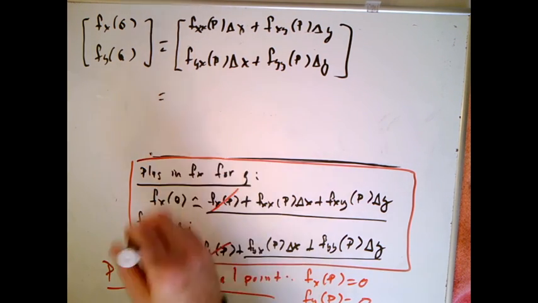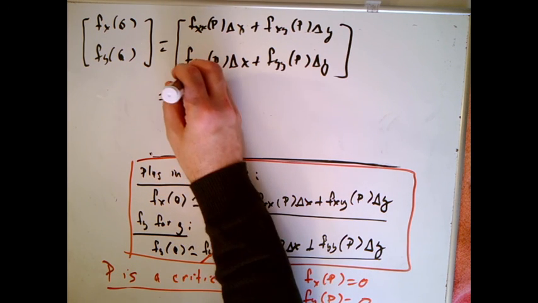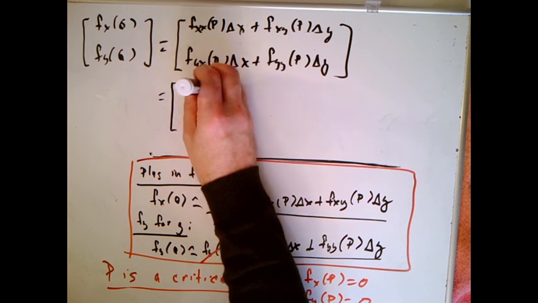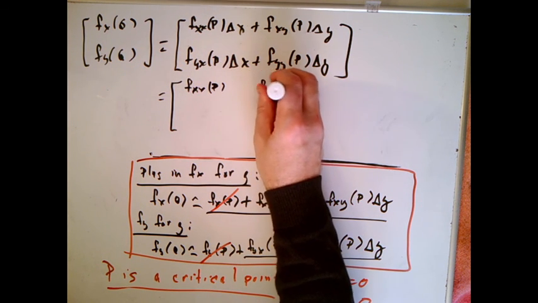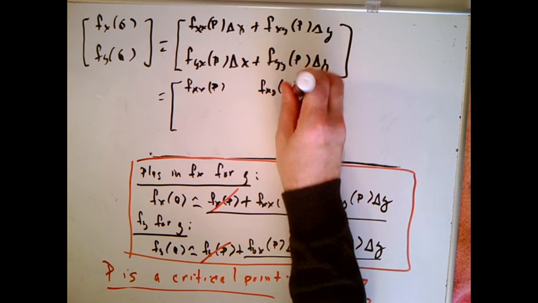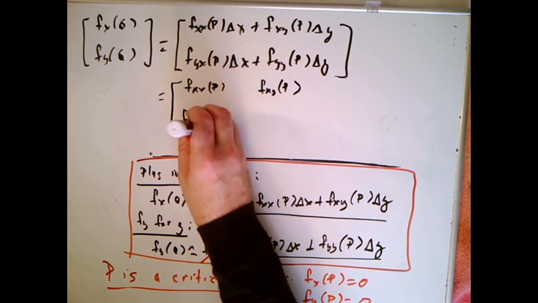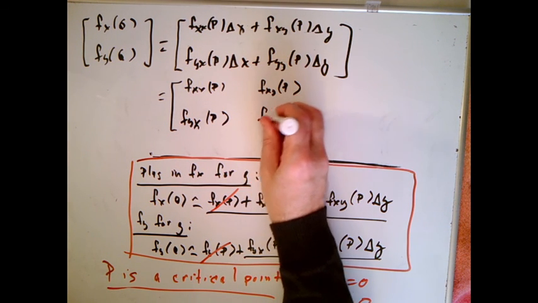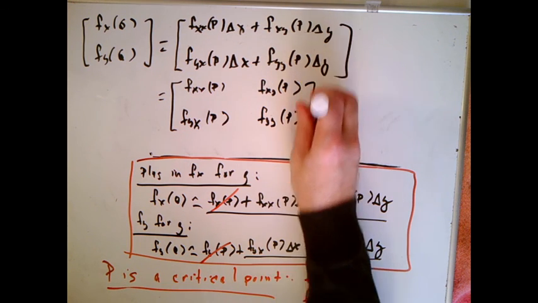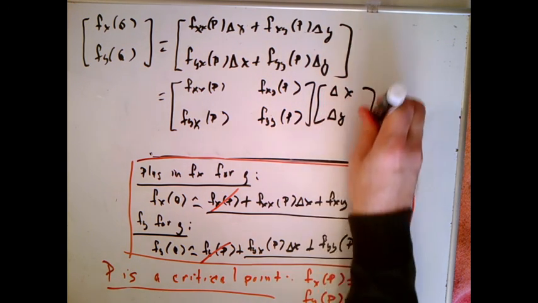In fact, if I pull out the variables, which is just delta x, delta y, and write the coefficient matrix, what I'm going to get is f_xx at p, f_xy at p, f_yx at p, and f_yy at p, times delta x, delta y.